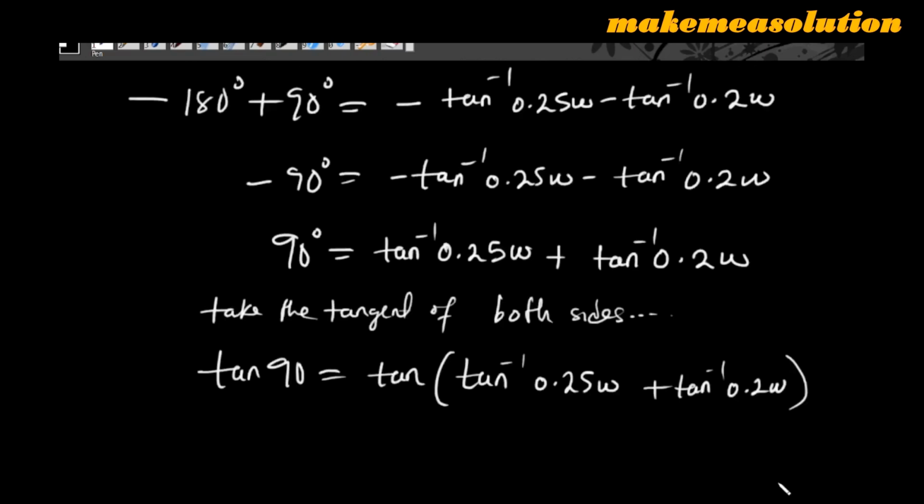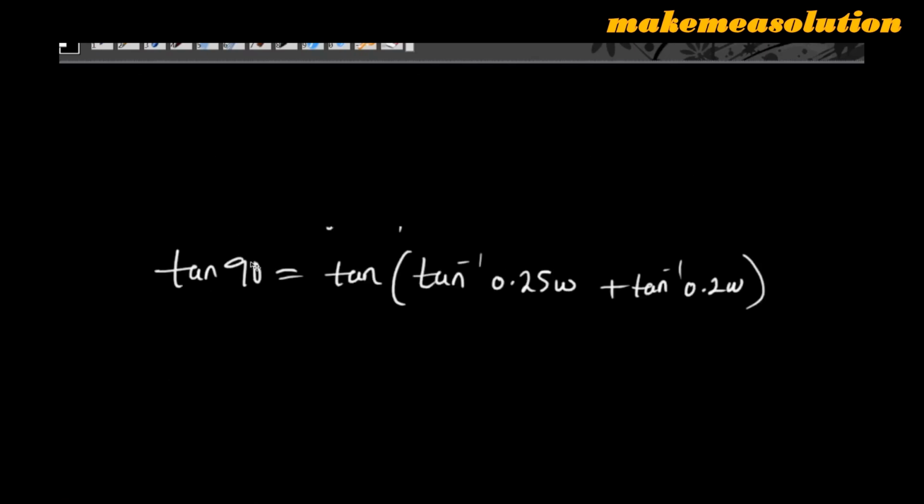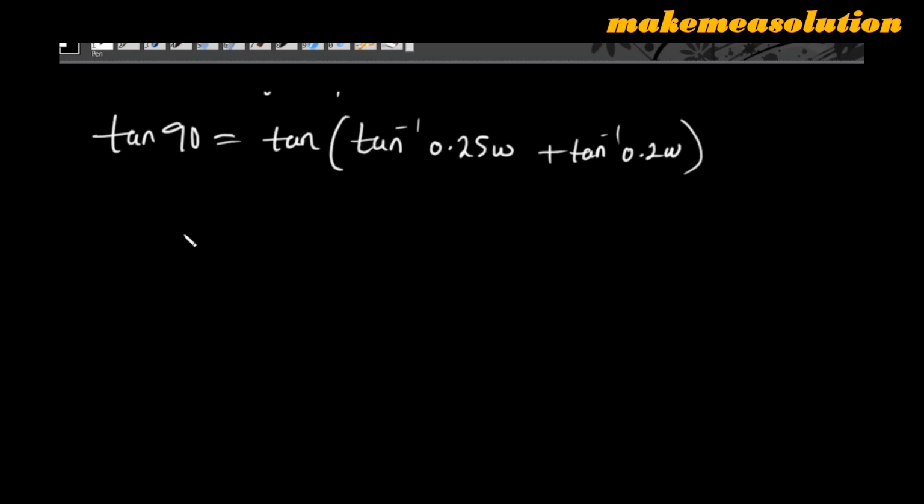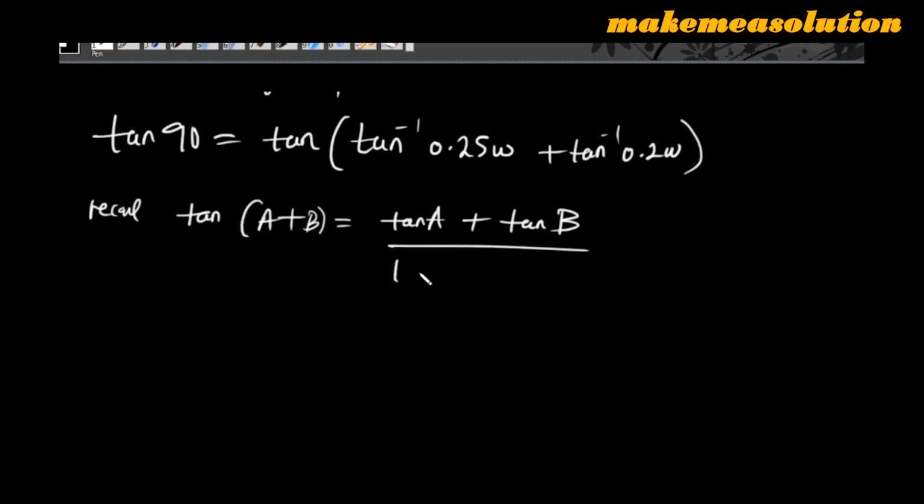At this point we need to remember an identity. Recall that tan of A plus B is tan A plus tan B, all over 1 minus tan A tan B.